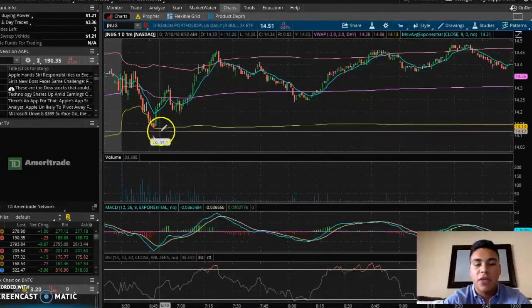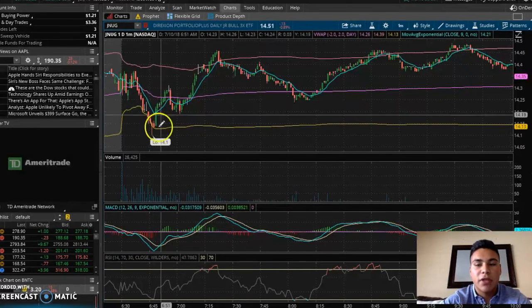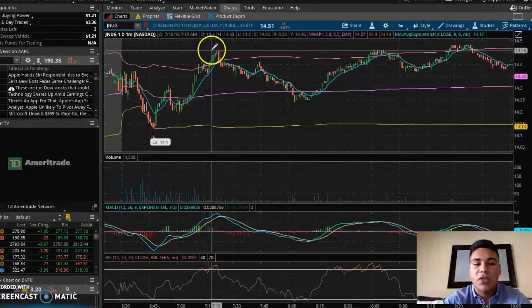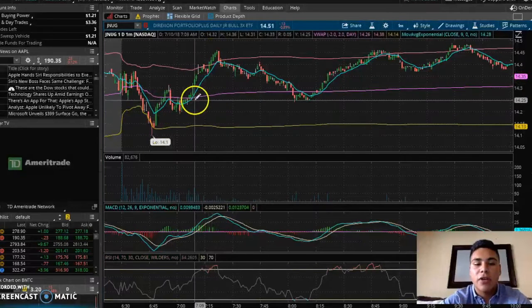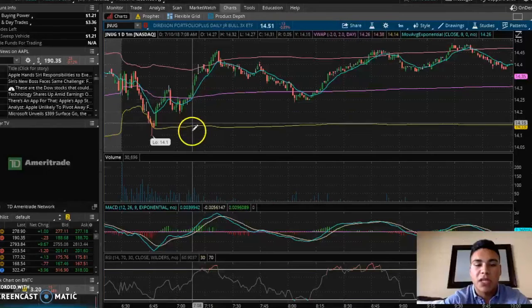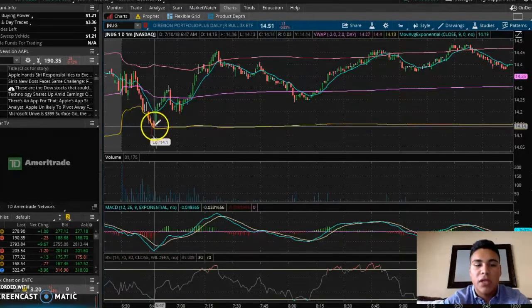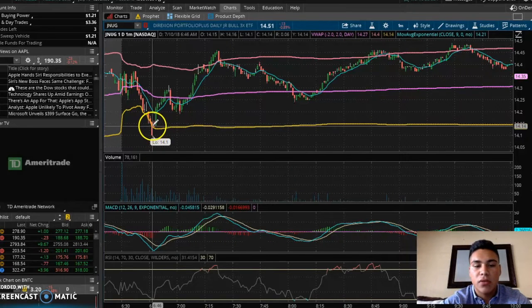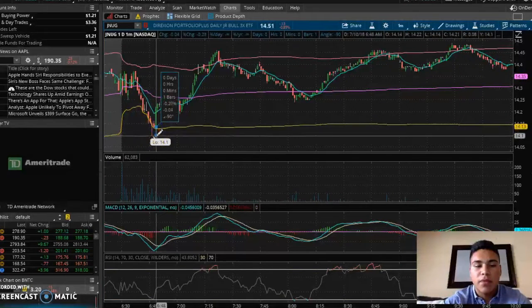Or even if you get in below, it doesn't matter. Whereas if you get in up here, you don't have much profit potential, and you have a greater risk, because you have to fill this gap up there. Whereas here, if you are losing, you can cut your losses very minimally.